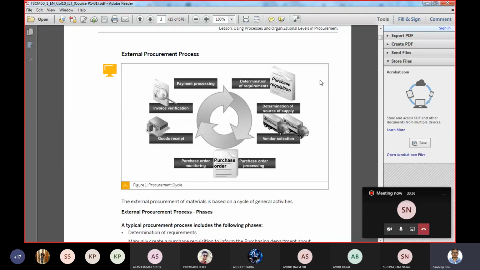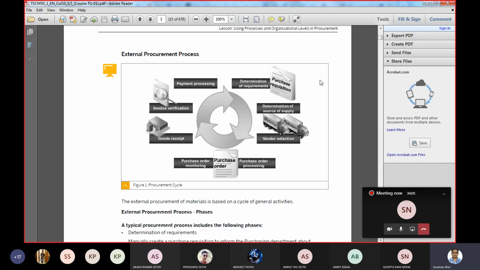Okay, suppose I require x units of raw material for my purchasing organization. Then I am going to purchase only x units. For purchasing that x unit, that is the requirement, and I will issue a purchase requisition.